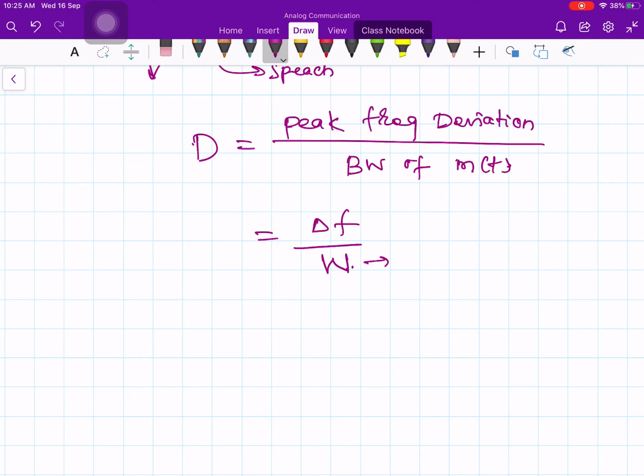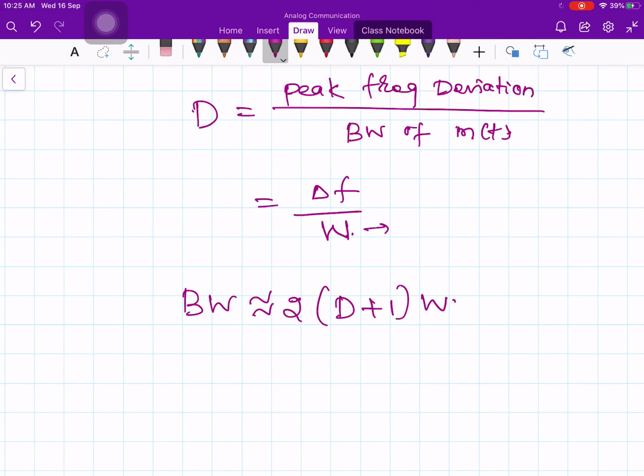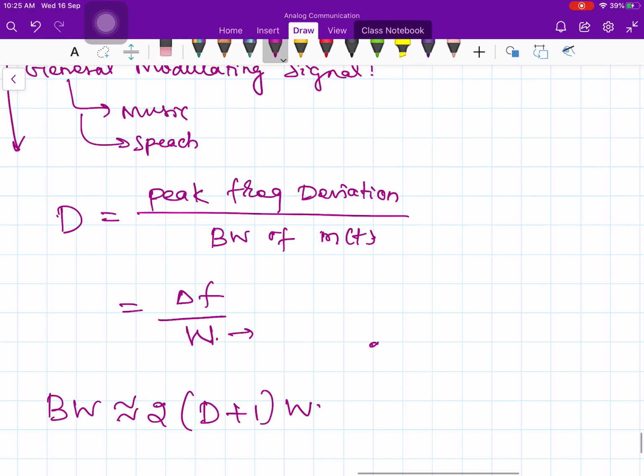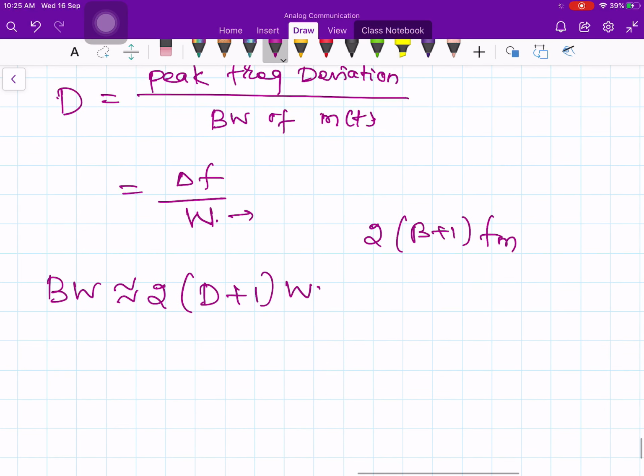Then it can be shown that approximately the 98% bandwidth of the signal, that is the FM signal or the PM signal, is given by approximately 2 times (D plus 1) times W. Very similar to the formula that we got here. There we said 2 times (beta plus 1) times fm. Instead of fm we got W, instead of beta we got D. That's it.